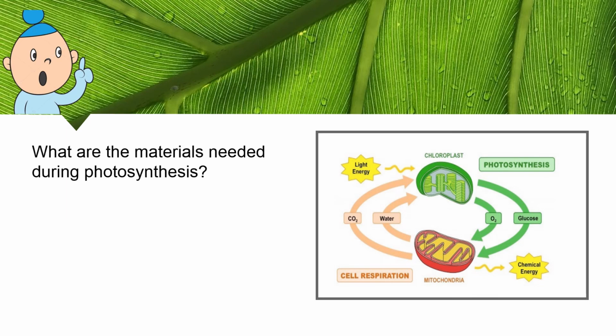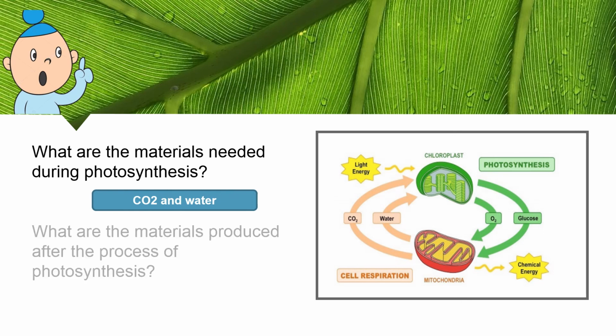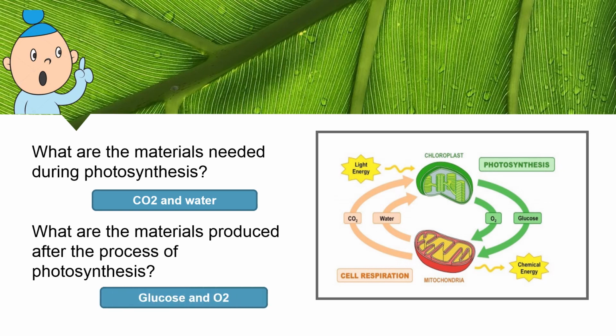What are the materials needed during photosynthesis? We have CO2, or carbon dioxide, and water. On the other hand, what are the materials produced after the process of photosynthesis? Here, the answer is glucose and oxygen.